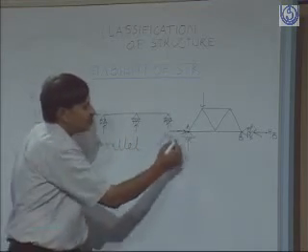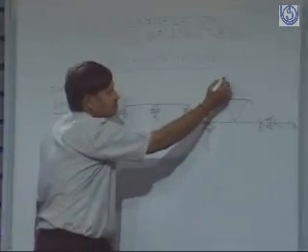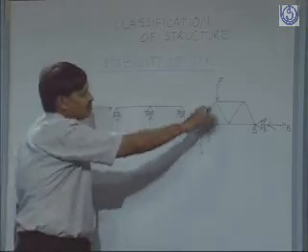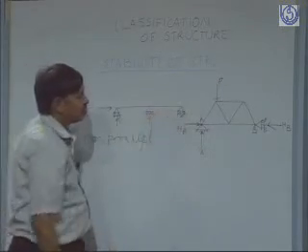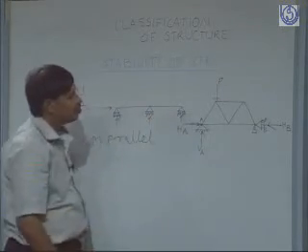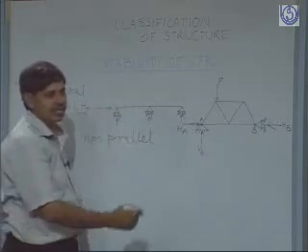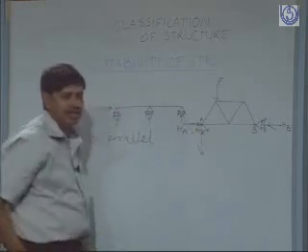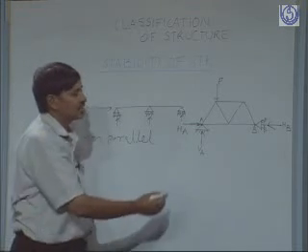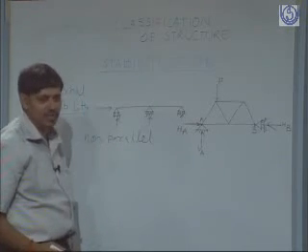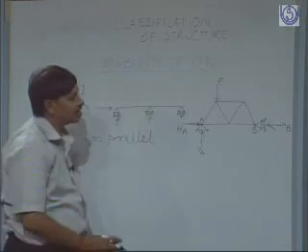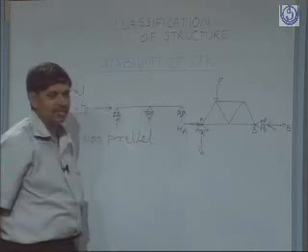All three reaction components pass through point A, so they can't stop it from rotating.